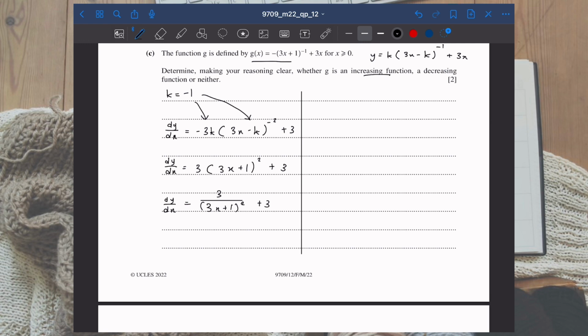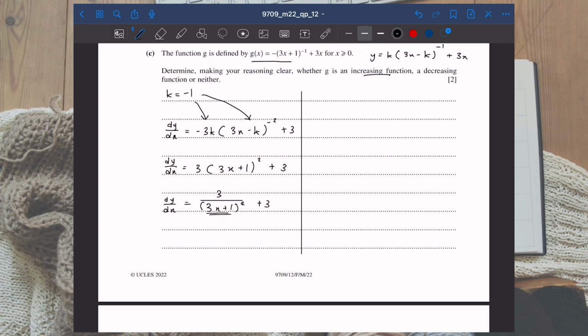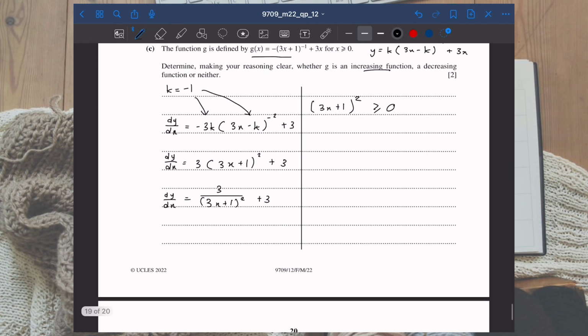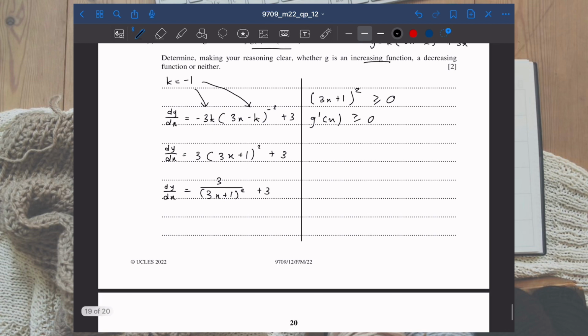The only term here having an x is the denominator. And because our denominator is squared, no matter what value of x you have, it will always be positive, or more than 0. Hence, our g prime of x, or dy/dx, will always be more than 0.